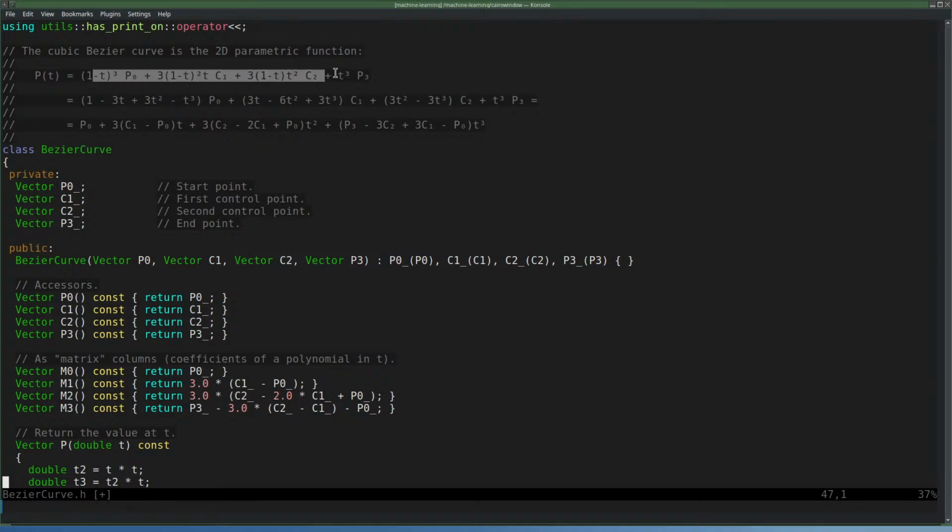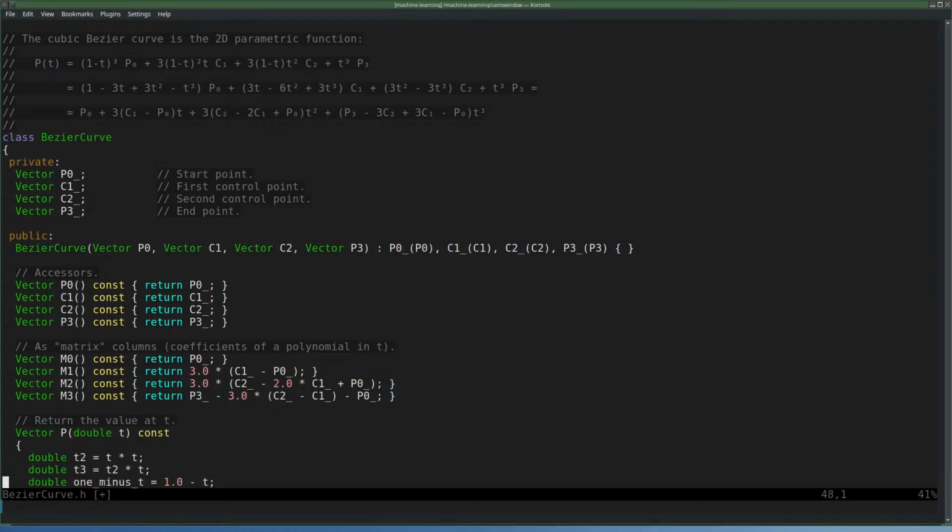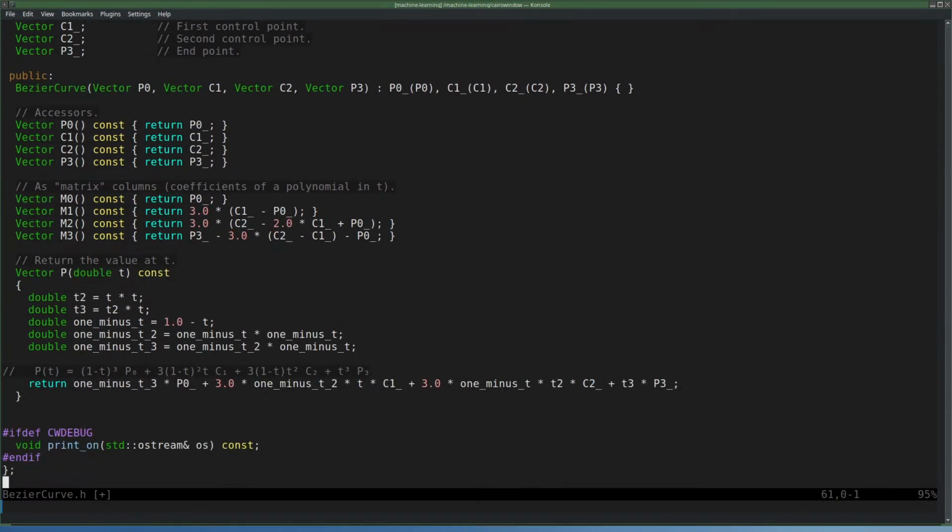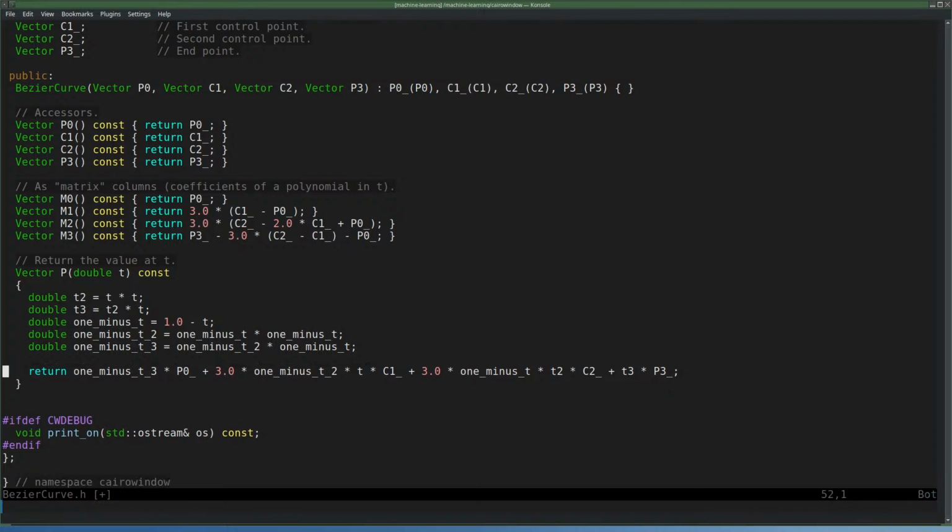So I'd rather use this one. Oh no, you can't do that. I think I did not make a mistake here. 1 minus t to the power 3 times b0 plus 3 times 1 minus t squared times t times c1 plus 3 times 1 minus t times t squared times c2 plus etc. Good. Good.